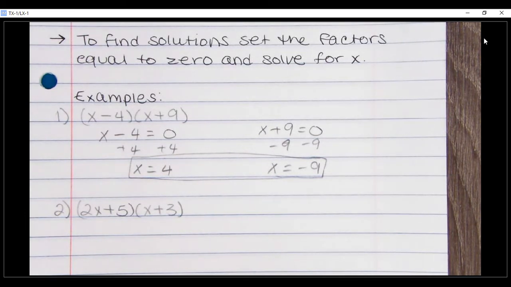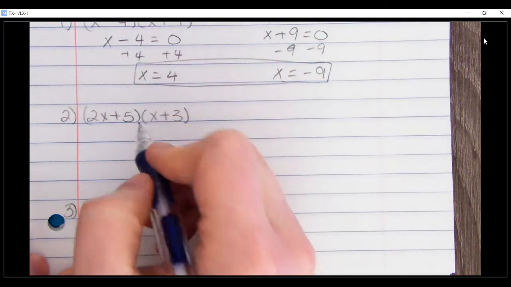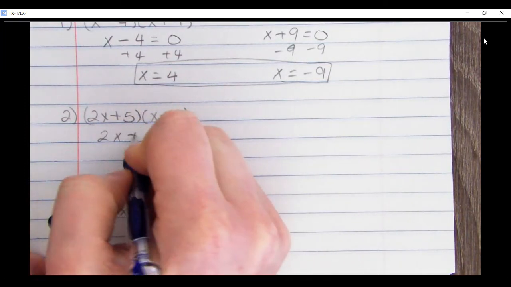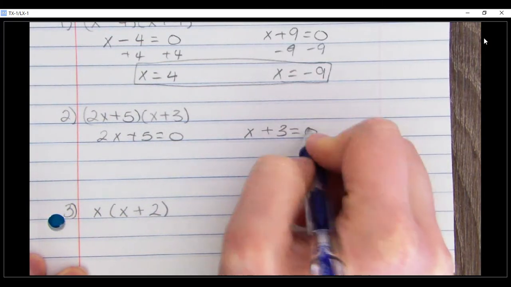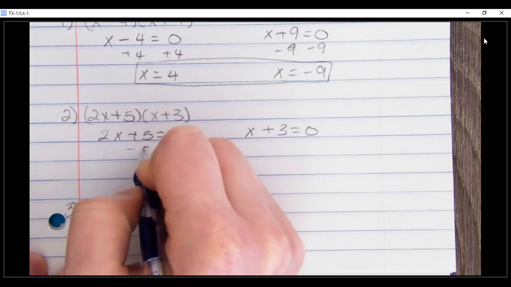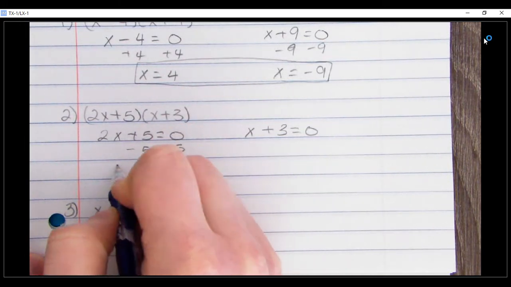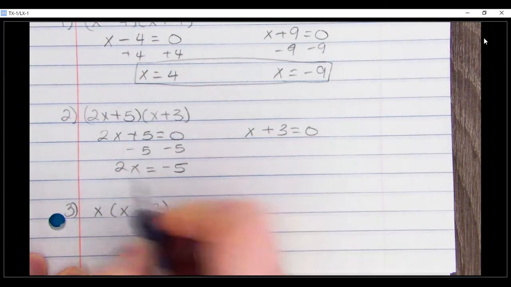Cool. Let's take a look at our next one. 2x plus 5, setting that equal to 0, and x plus 3. So this is a 2-step problem, so I'm going to take the 5 and subtract it on both sides. And then I'm going to divide by 2.